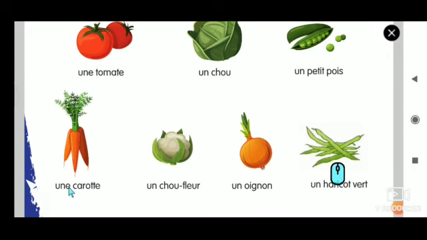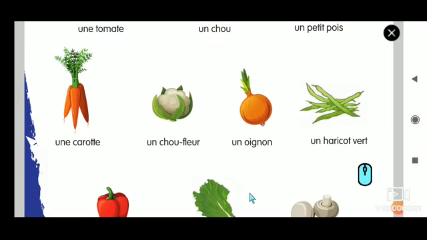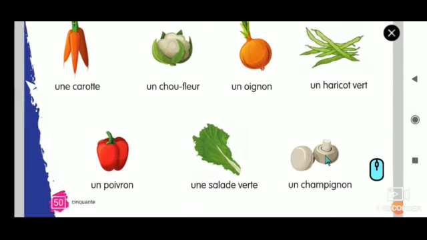Une carotte, and un chou-fleur, and un oignon, and un haricot vert, and un poivron, and une salade verte, and un champignon.